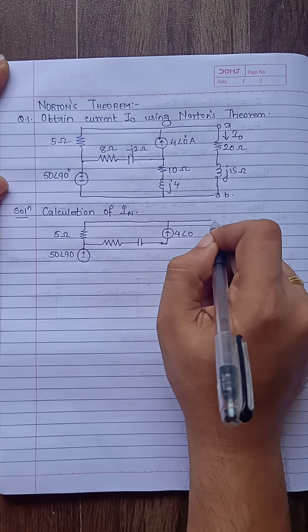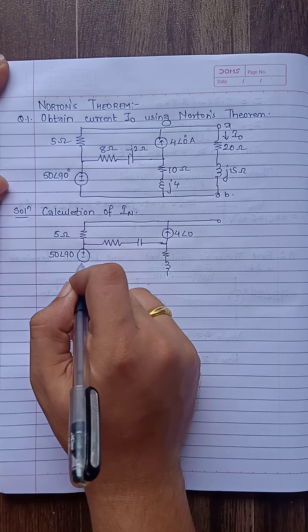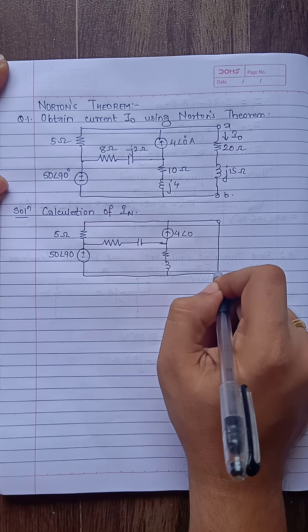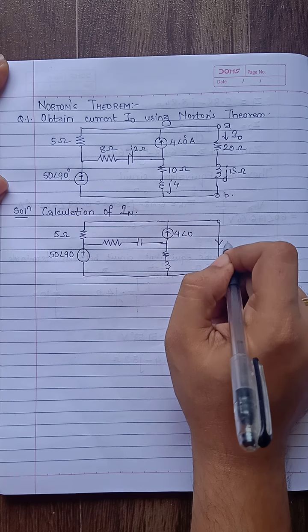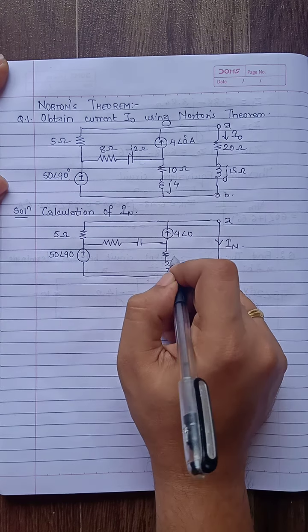For angle 0, and for finding IN, this will be shorted and the current I'll write as IN between A and B.